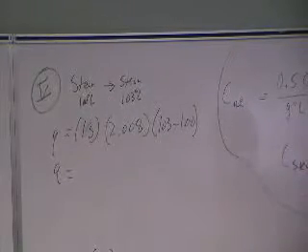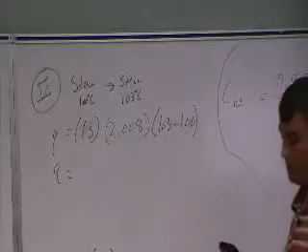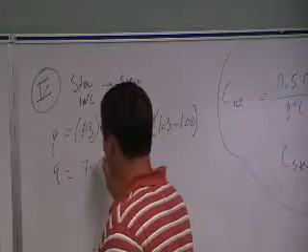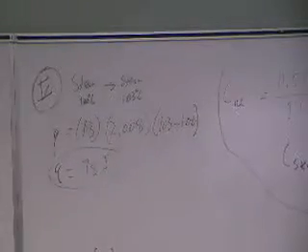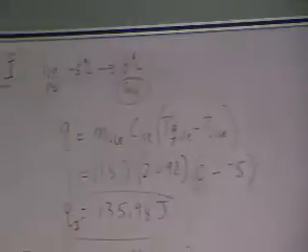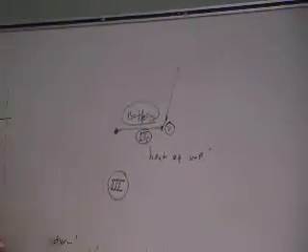So we're getting 78 joules. And 78 joules would be the amount it would take to go from here to here. So that is step 5.